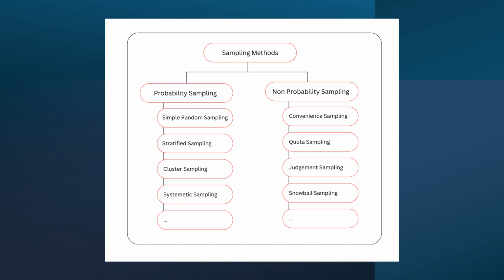In case of a population having several subclasses, we use stratified sampling. For example, in a company, you may have junior management, middle management, and senior management. The number of people in each of these management tiers is different.